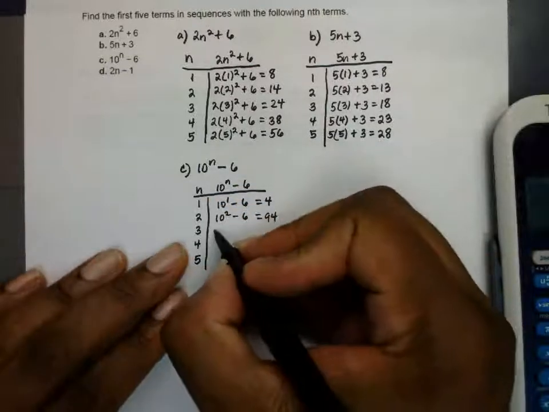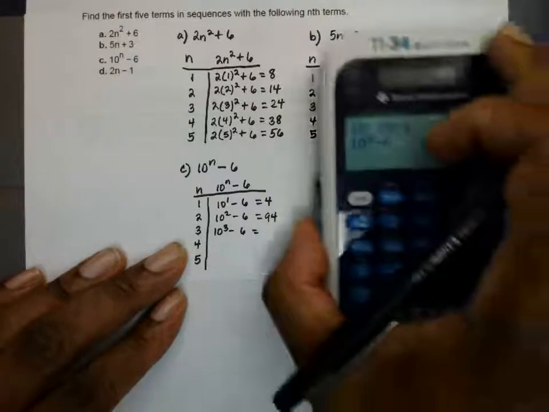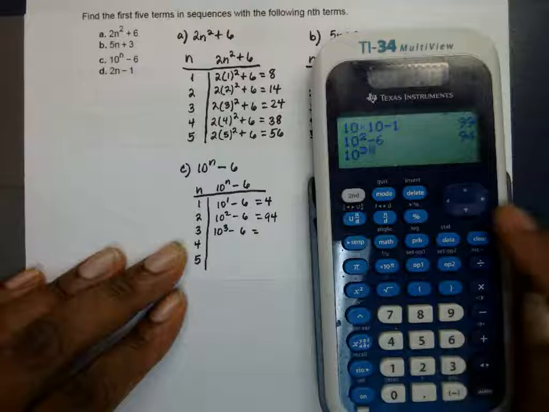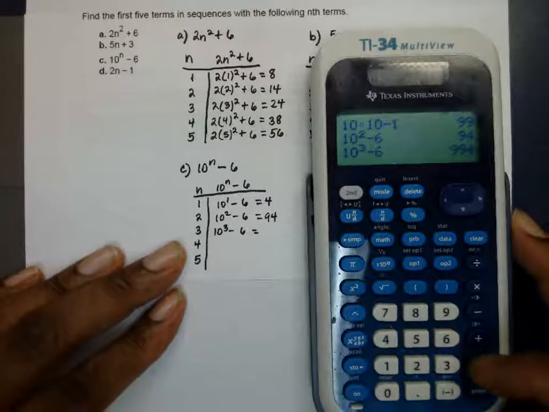And then for n is 3, this will be 10 cubed minus 6. So here 10 raised to the third minus 6 would be 994.